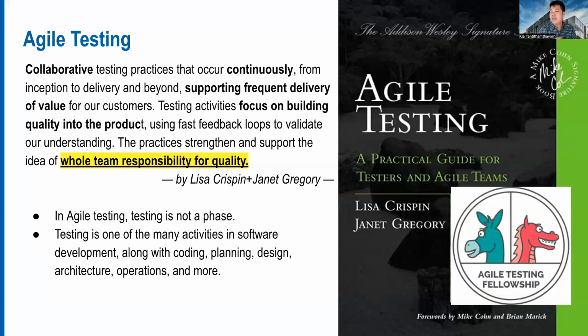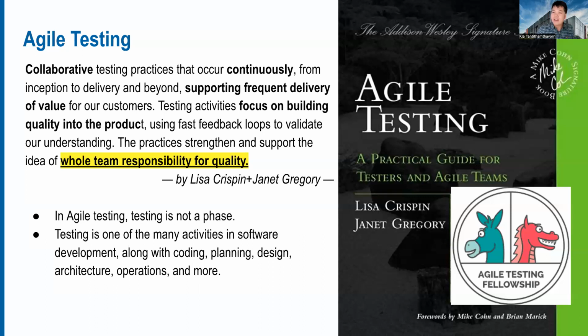And every sprint, we should test before we deliver to the customer. So the goal of agile testing is to incrementally and frequently deliver value to the customer, with quality as well, okay? So in agile, testing is not a phase at all.